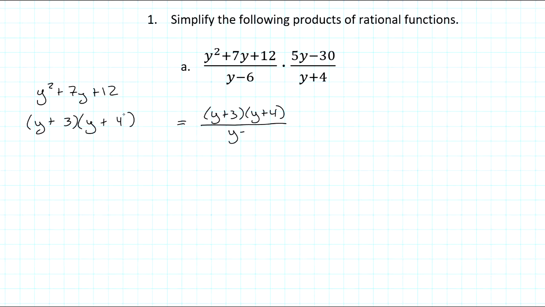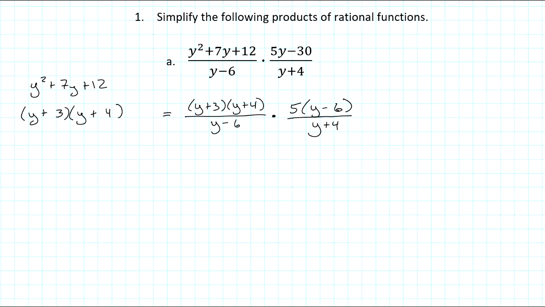And then we have that over y minus 6, times the 5y minus 30. We can factor a 5 out of this to get 5 times y minus 6, over y plus 4.